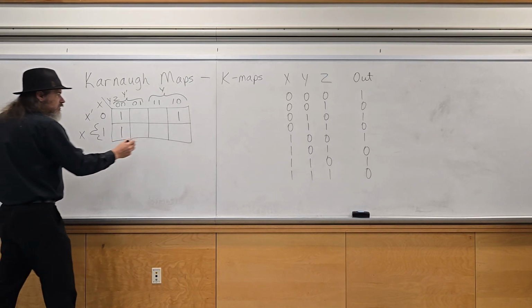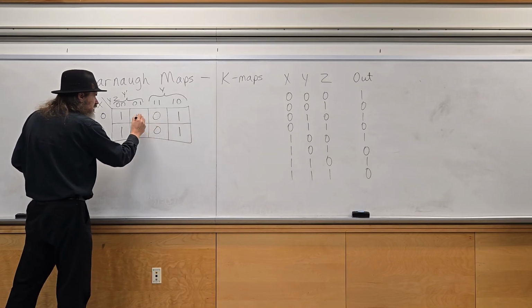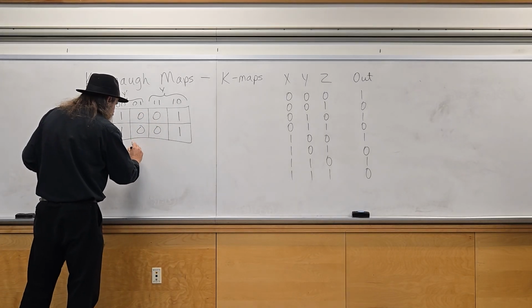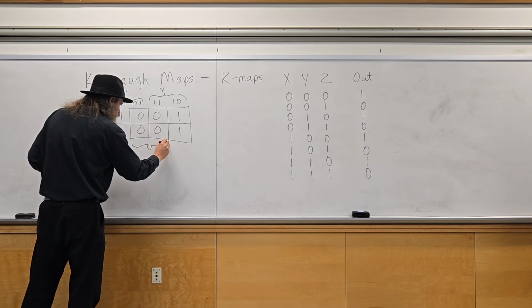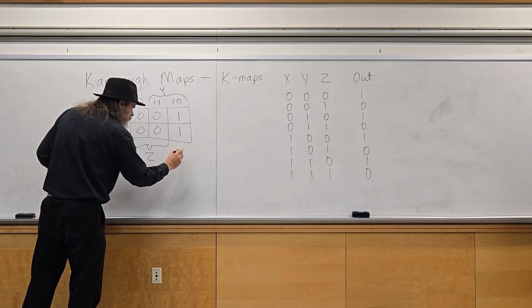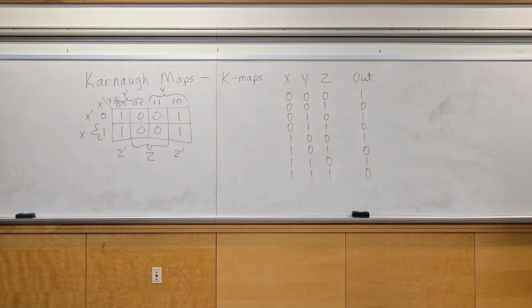And 1, 1, 0 is 1. Now, keep in mind that this is Z, Z prime, Z prime. Notice how Z prime is broken up into two sections.